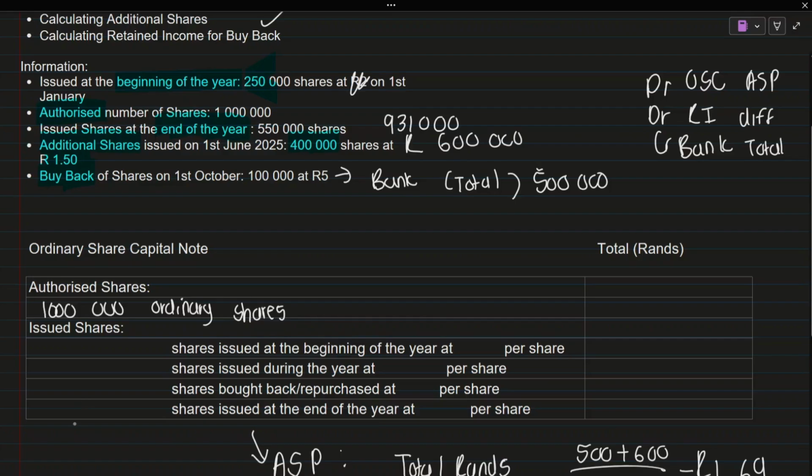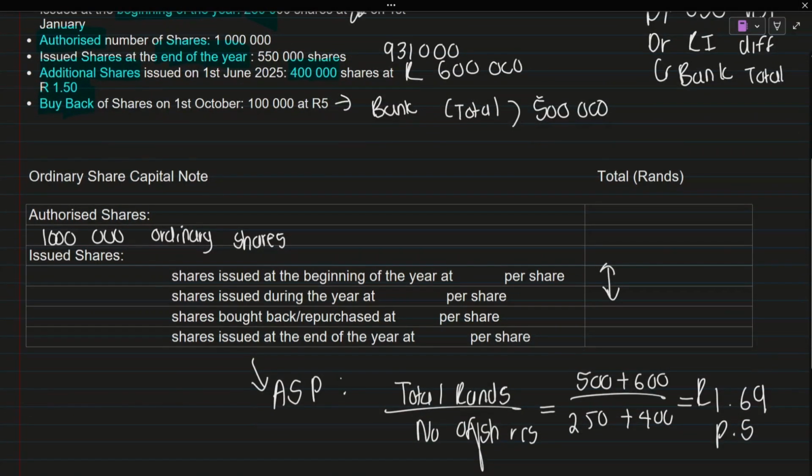Because now we cannot calculate our ASP, which is for the buyback, and now we cannot calculate the beginning as well. Remember, for buyback, we need to calculate ASP, which is for beginning, plus the additional, which is over here. Total rands of the beginning and additional divided by the number of shares for both the beginning and additional. Now, if I don't have the beginning, this thing gets messed up. So I cannot just use additional shares. It would not work out. I would need both of them. So what we have to do is work backwards.